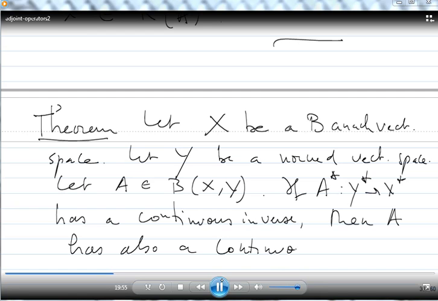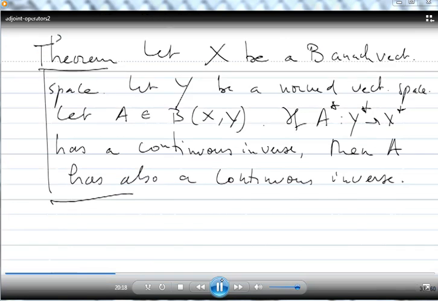So remember, we have shown that if A has a continuous inverse, then A star has an inverse, and there is that relation between the adjoint of A inverse and the inverse of the adjoint. But if you want the converse of that, you need to assume that X is a Banach space. So here, proof.